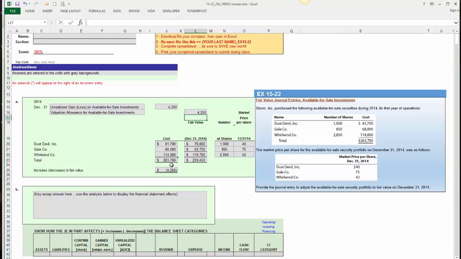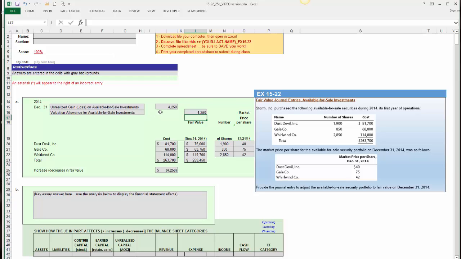Since investments are an asset, they are increased with debit side entries and reduced with credit side entries, so this fair value allowance would be a credit balance to show that the fair value has declined. Now, let's show the effect of this journal entry on the financial statements.